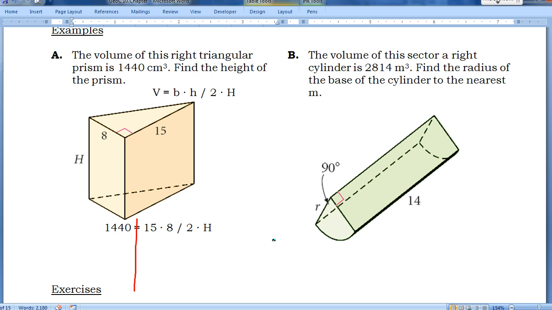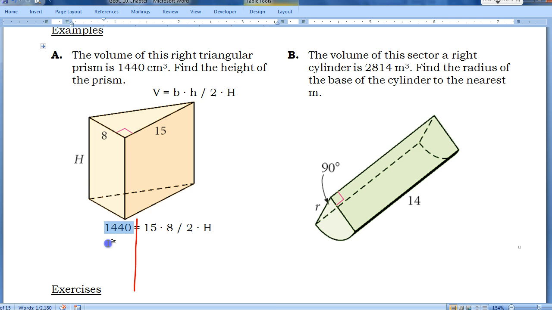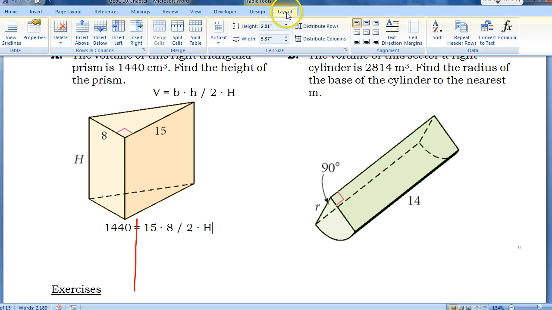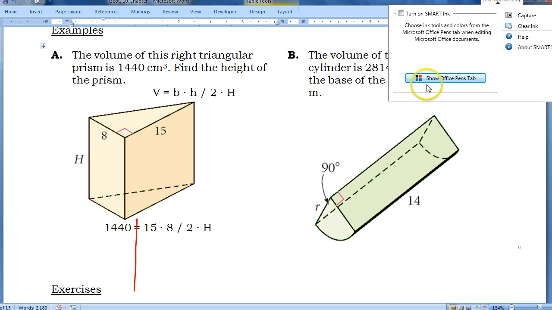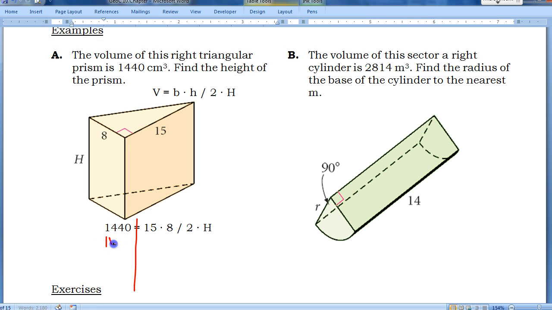So 15 times 8 divided by 2, that's 60. So I can rewrite 1440 equals 60 times h.